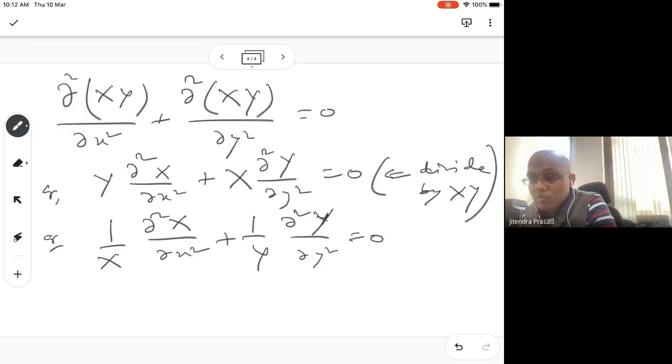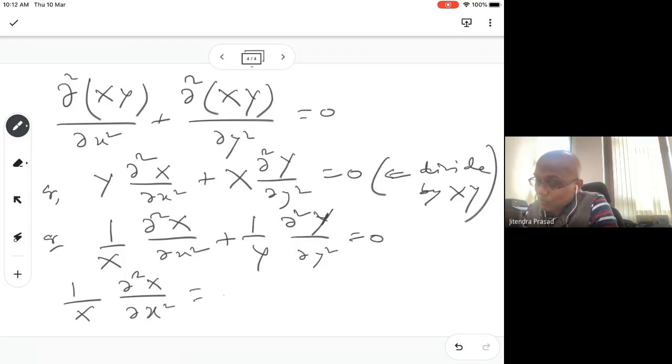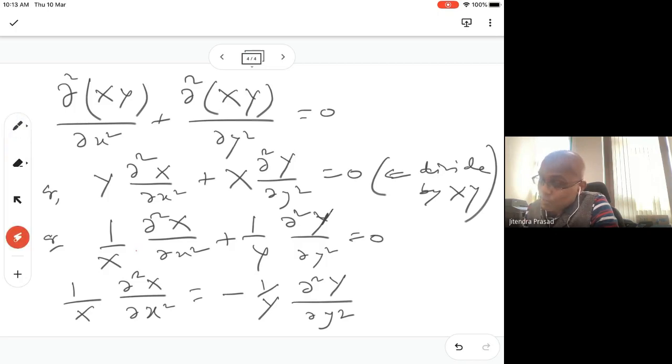Here we will assume that 1 over X del square X over del x square is equal to minus 1 over Y del square Y over del y square. So this is how you find it.